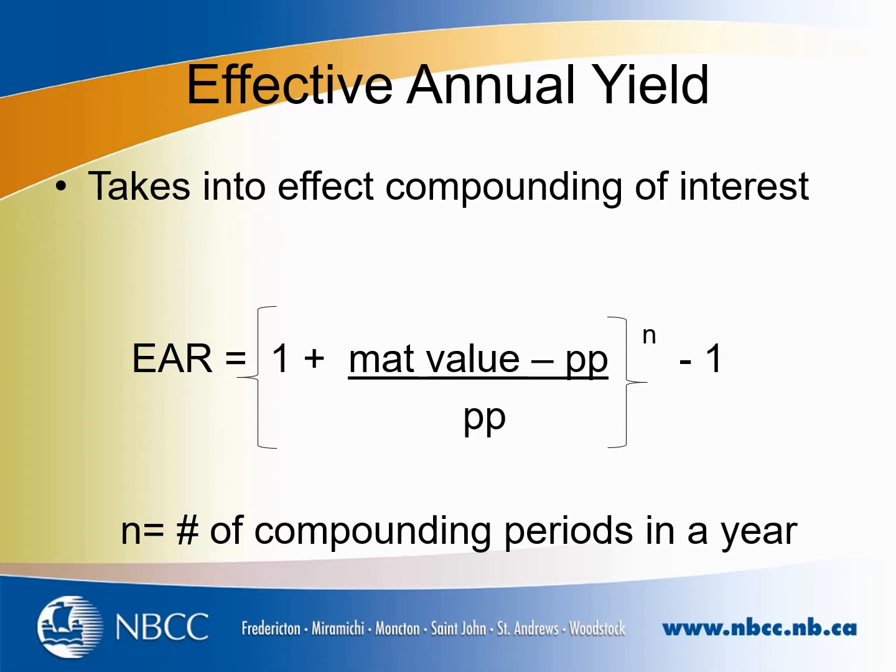So n is the number of compounding periods in a year. Using our 40-day T-bill example, we would take 365 divided by 40 to find out the number of 40-day periods in a year. This would be n. All of this minus 1 will result in a decimal answer, which we will multiply by 100 to give us the yield in percentage terms.